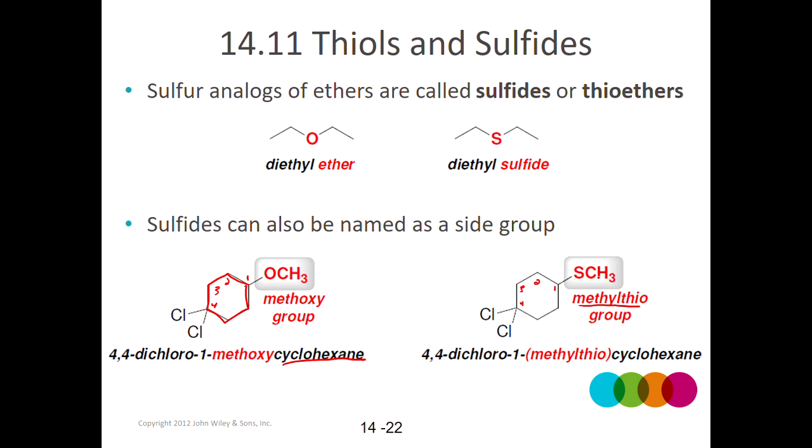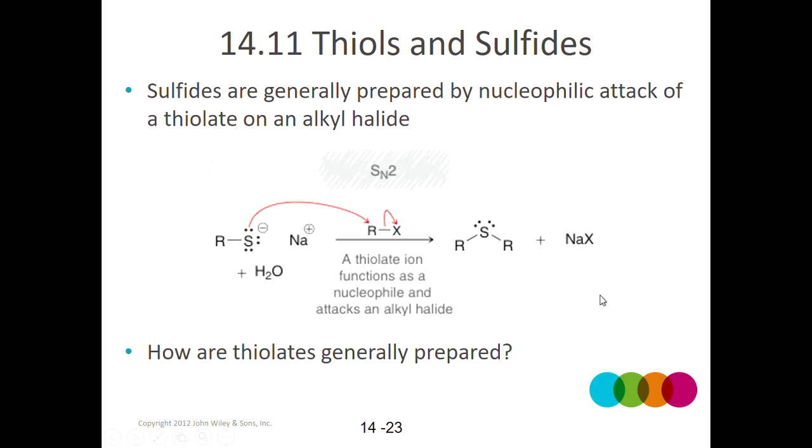So it's a methyl group, but that extra sulfur there is why we have a thio. It's kind of like a thiol, but it's just a thio. So that's the slight modification you'd make there to the naming of sulfides.